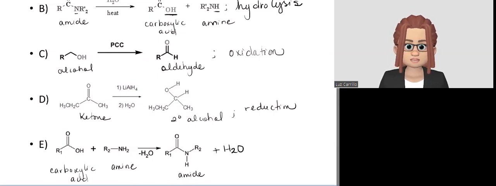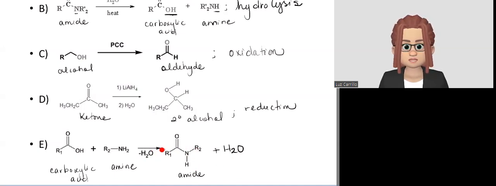Water is produced in the process. I know that water is produced in the process because you see this minus OH, this minus water, which represents the water that is formed.